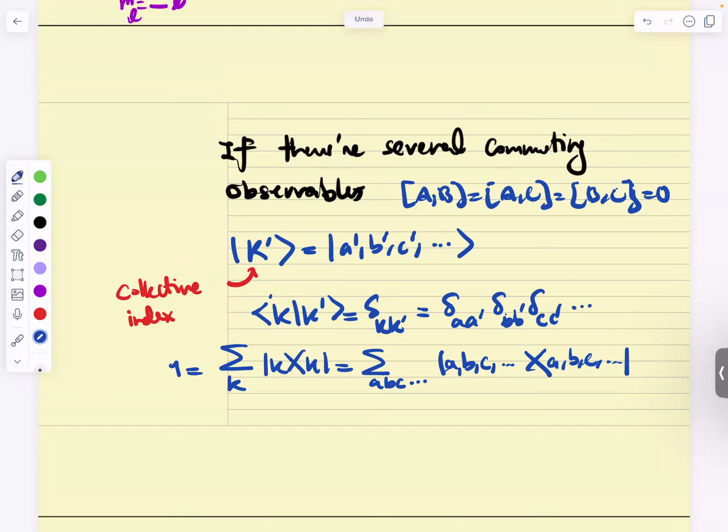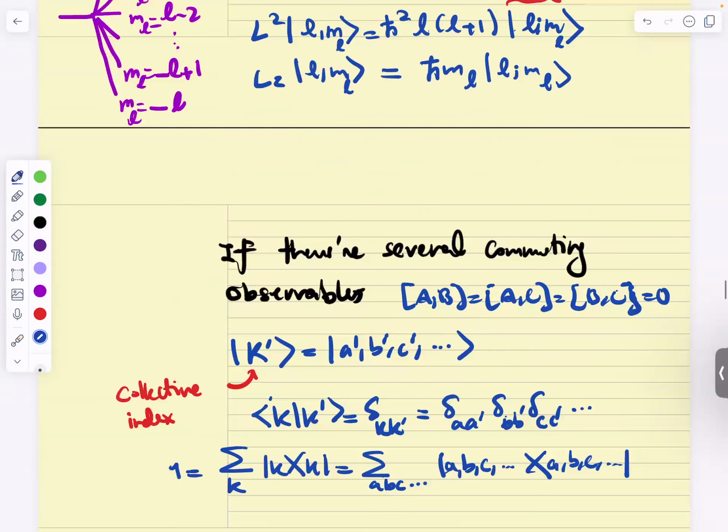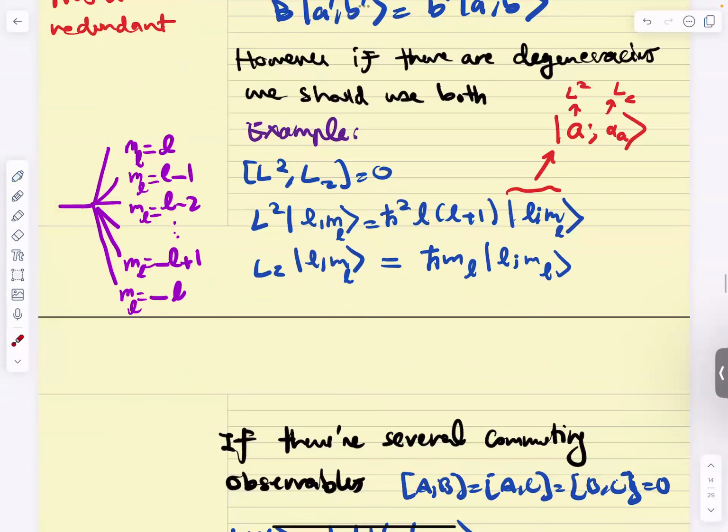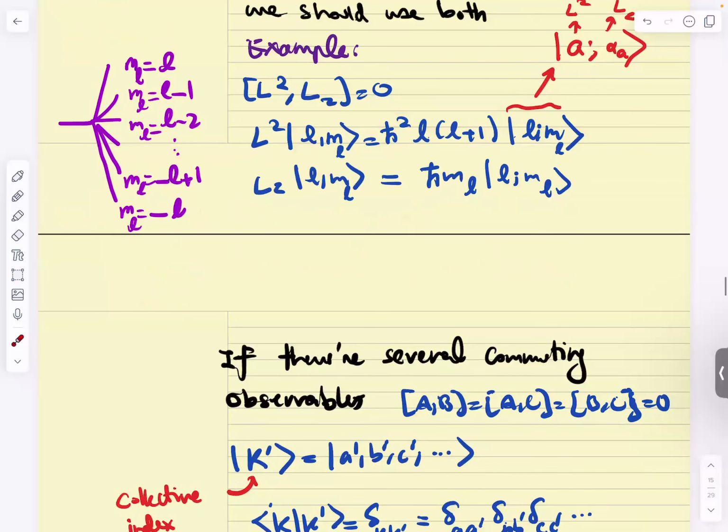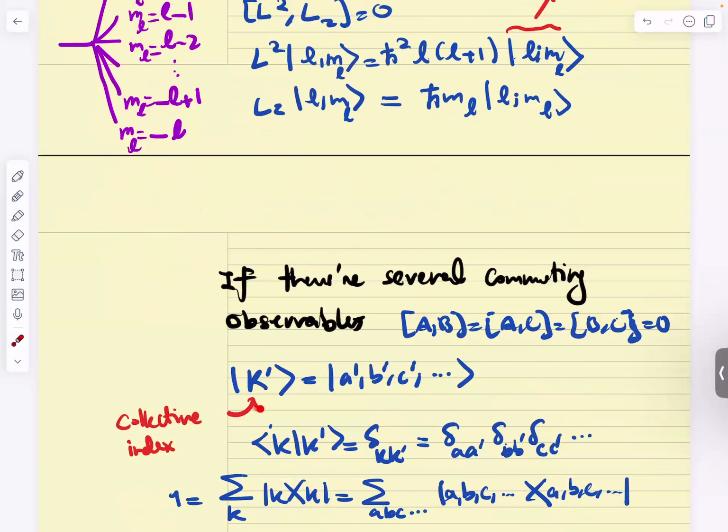Imagine now that you have a set of observables that are simultaneously commuting. Then you could use a set of collective indices. In general, this was for the setup where you had only two operators commuting, right? In general, there could be a whole set of observables commuting, so you will use these collective indices.